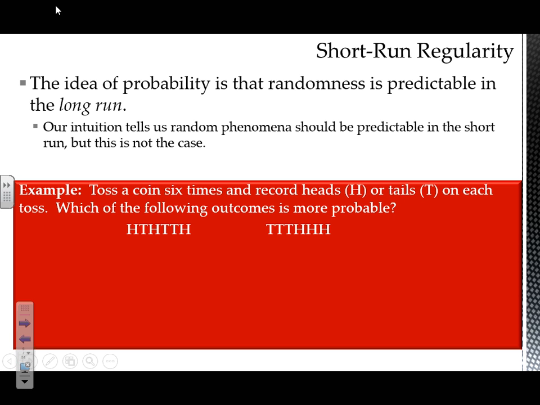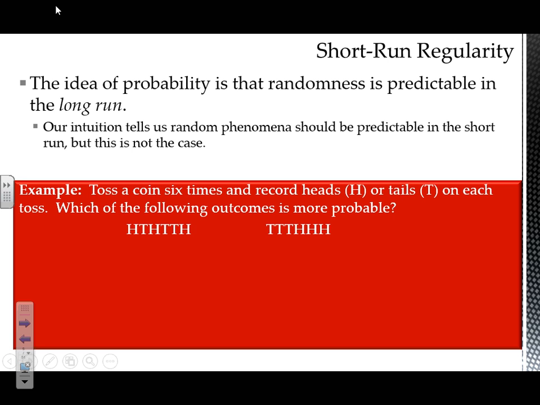Okay, so if we look at these two, what people want to do is say that this one is more likely. Why do you suppose they do that? Because it goes back and forth more. People don't like the idea that random can be the same thing over and over again. When you flip a coin, you do have a possibility of flipping tails any number of times in a row, or flipping heads any number of times in a row, because it's completely random.